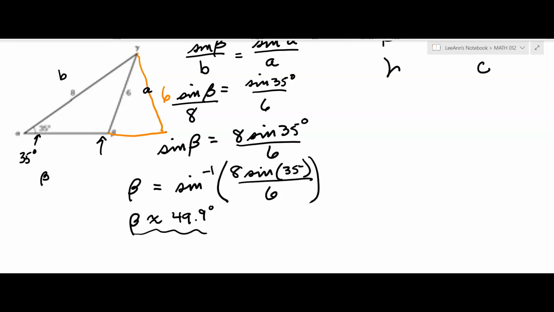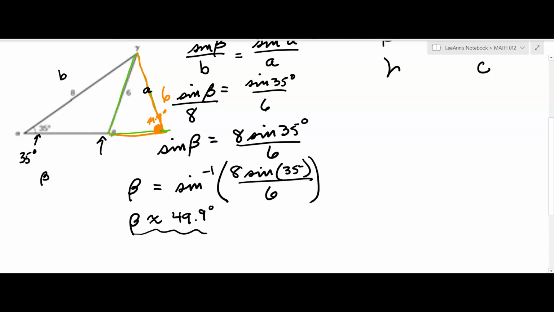Okay, so where is the 49.9? I mean, that worked, right? It's right here. So this angle is 49.9 degrees. Now, you might say, well, that doesn't help me much. But it does. Because you have a measurement of 6 here, and you also have a measurement of 6 here, that forms an isosceles triangle.